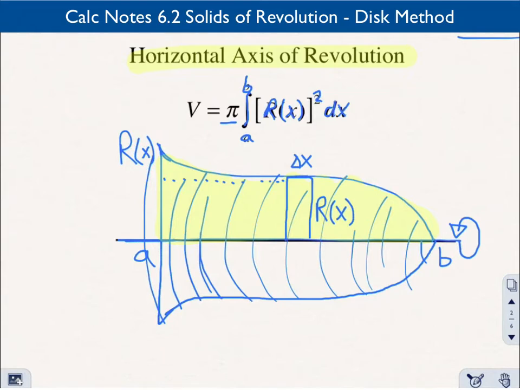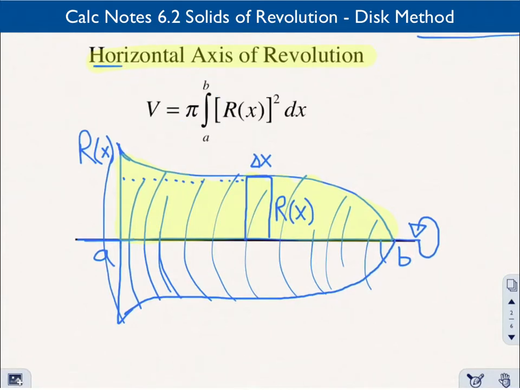So all that happened here was this pi had been on the inside, and we can take it out because it's a constant. So the biggest thing when it comes to a horizontal axis of revolution is that r of x is a function that represents radius in terms of x.